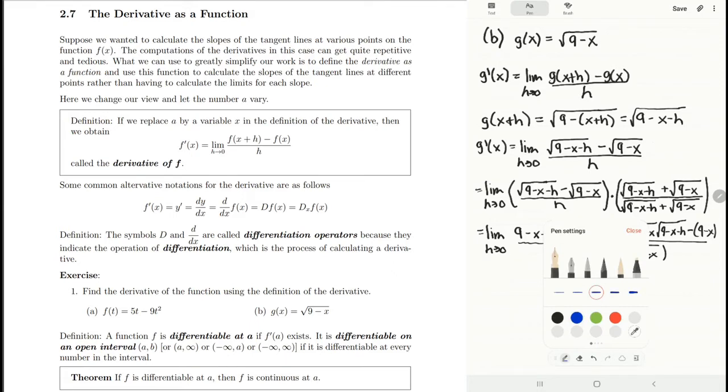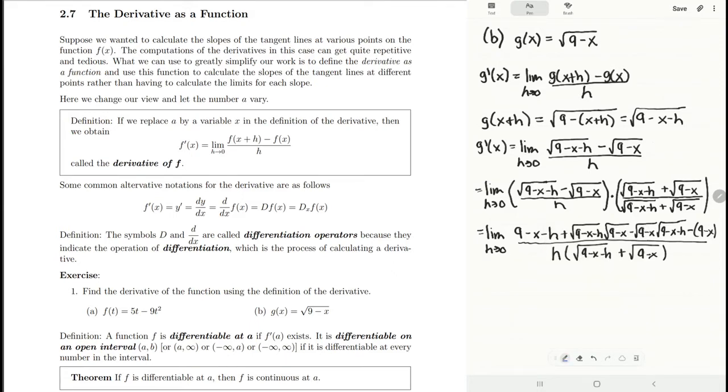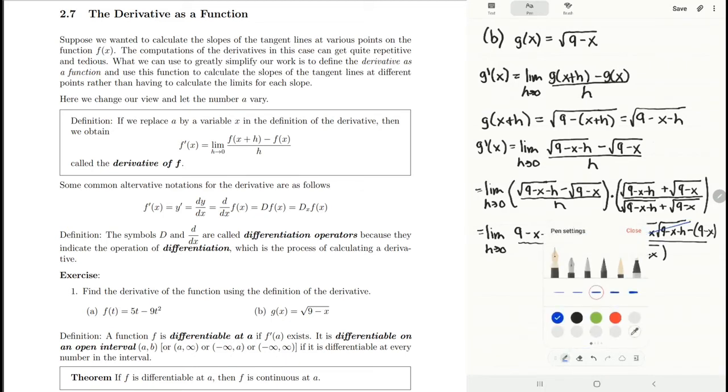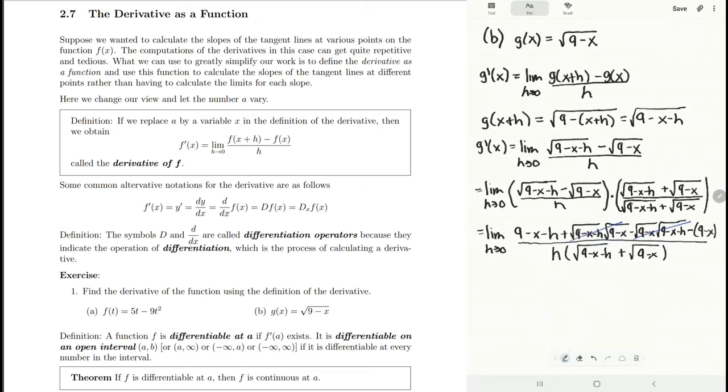So now let's simplify. We have plus root 9 minus x minus h times root 9 minus x, and a minus root 9 minus x times root 9 minus x minus h. So these two terms can cancel. Let us look at distributing the negative through the last brackets.